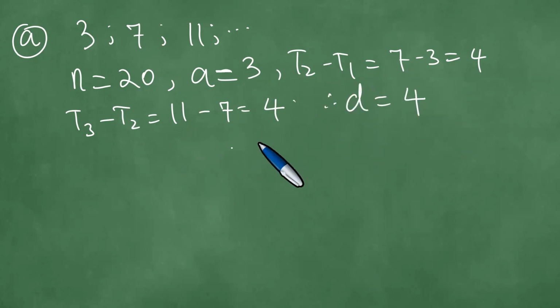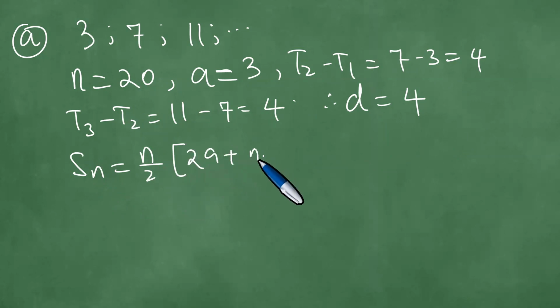So let's look at the sum formula, which is n over 2 into twice a plus n minus 1 into the common difference.